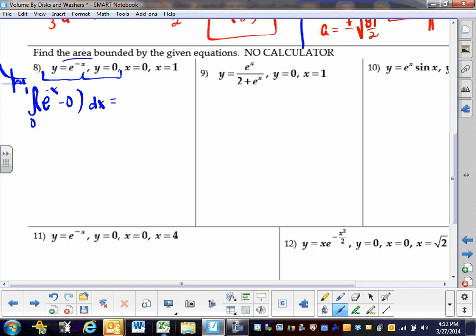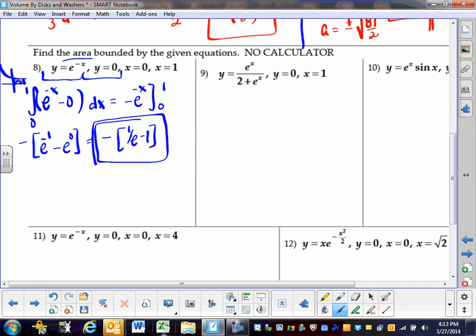So e to the negative x antiderives as negative e to the negative x from 0 to 1. So that's negative e to the negative 1 minus e to the 0. So that's negative 1 over e minus 1. So as a free response, I could leave that. As a multiple guess, you'd probably see that as 1 minus 1 over e.